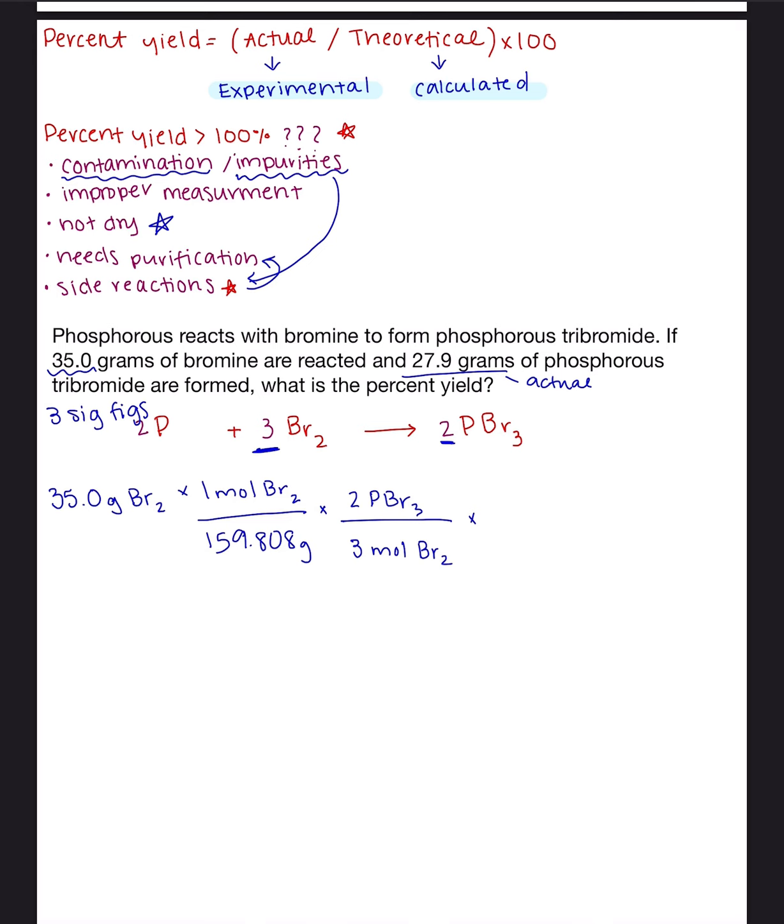And we want to get mass, so we're going to do 1 mole of phosphorus tribromide is equal to 270.686 grams. And really you can do 2 sig figs on that just to be extra sure. I just added a third one. And that's going to yield 39.5 grams of phosphorus tribromide.